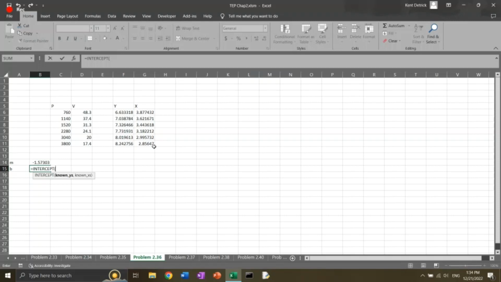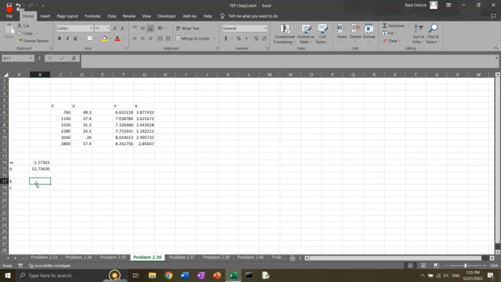But this is a pretty good method of solving a system where you only have two parameters and you can fit it to a linear model. I just wanted to make you aware of that. Anyway, that's our slope and our intercept. From our slope and our intercept, we can determine the values of K and C.